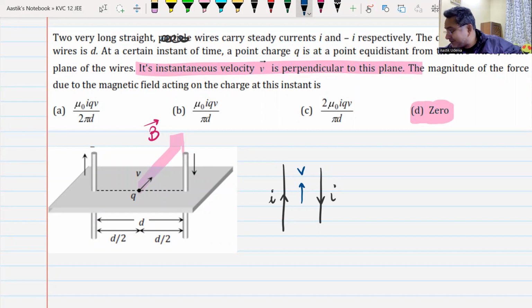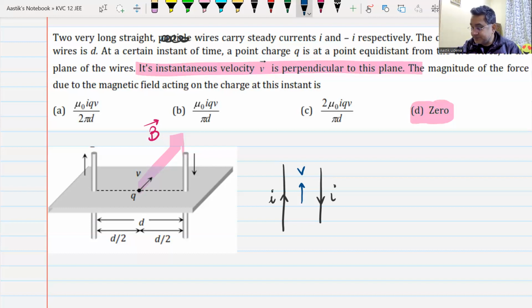Do we understand this? So you must read the question carefully and then answer. Do we understand this? Yes, sir.